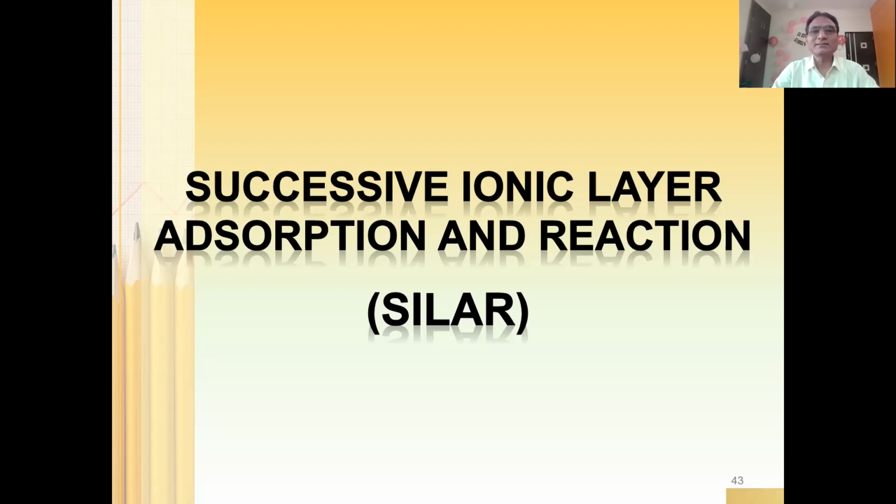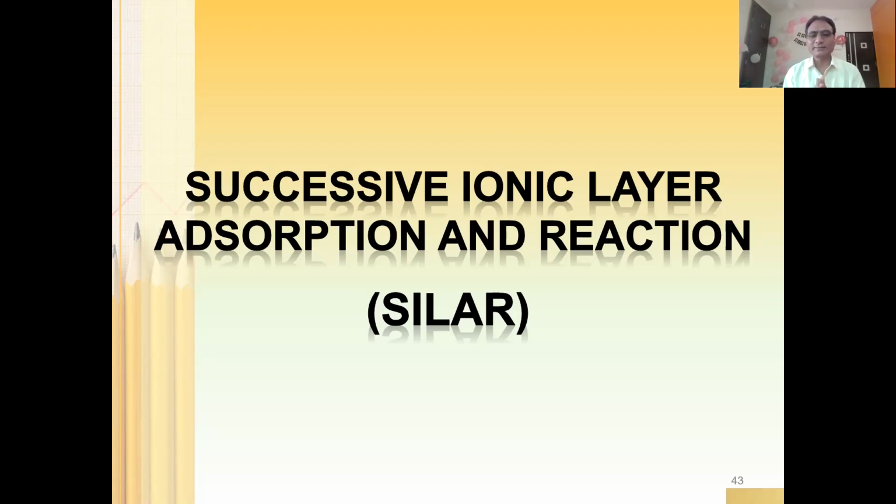Whereas as far as SILAR is concerned, here also the film can be deposited by using the SILAR technique without any instrumentation. Manually also you can do it. It is called successive ionic layer adsorption and reaction. It means there will be a cationic solution, deposition of cations. So there are 4 beakers.